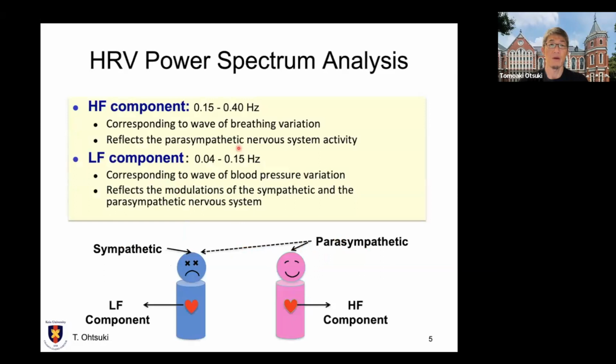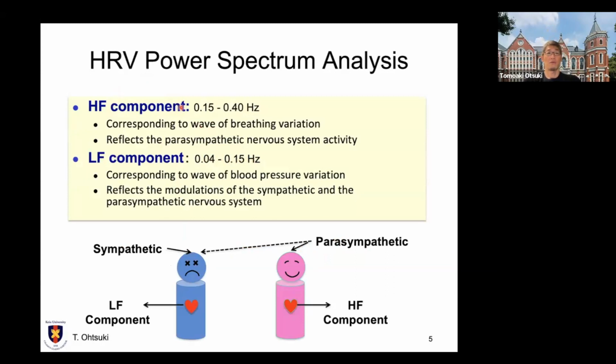Usually we apply power spectral analysis to evaluate heart rate variability. The heart rate variability is decomposed into two components: a high frequency component from 0.15 Hz to 0.40 Hz, and a low frequency component from 0.04 to 0.15 Hz.